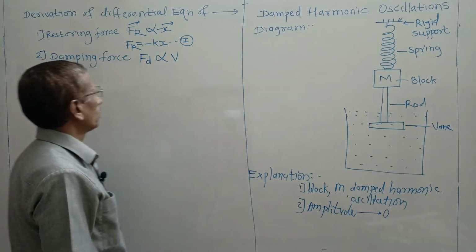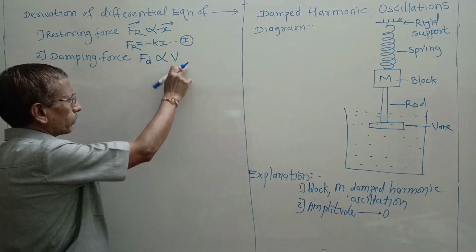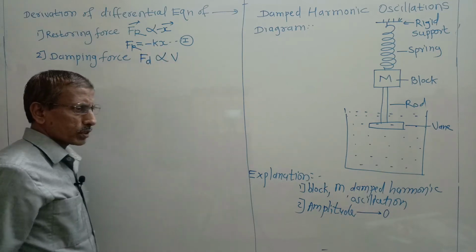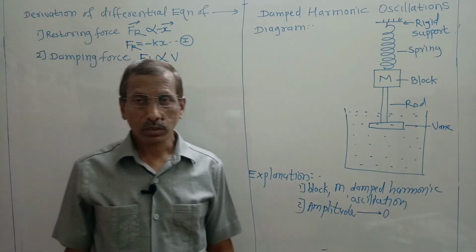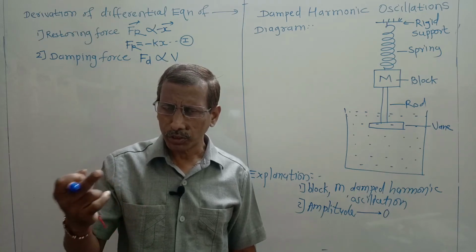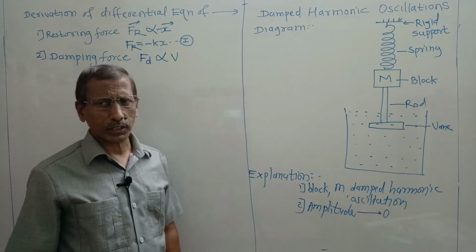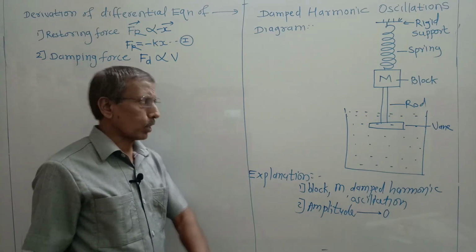So Fd is proportional to v, and this damping force opposes the motion, so it is in the opposite direction to the velocity.